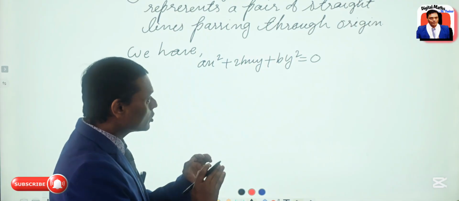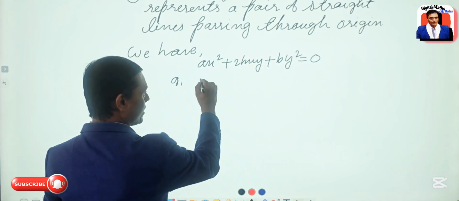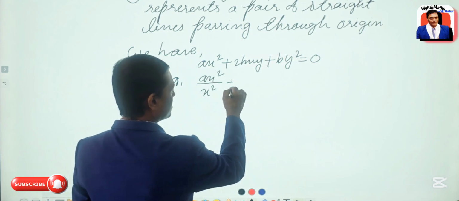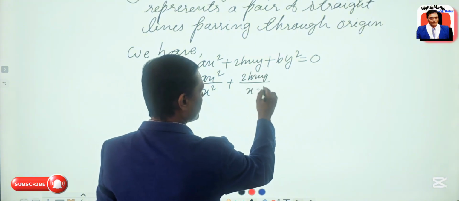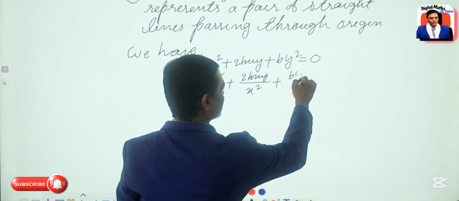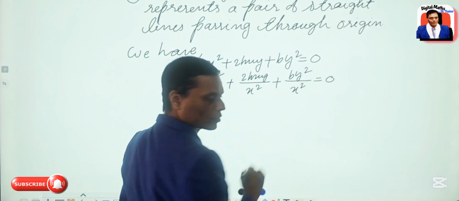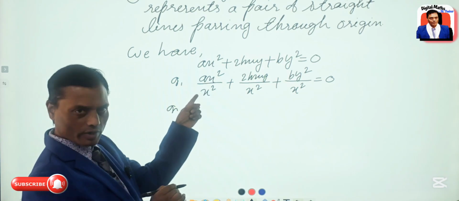Now we are going to divide both sides by x squared. So when we divide here, it becomes ax squared by x squared plus 2hxy by x squared plus by squared by x squared. Of course, you can divide. Next one, we will have here a only.